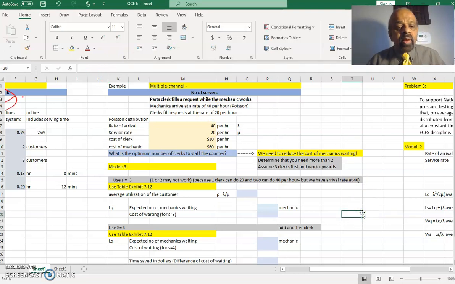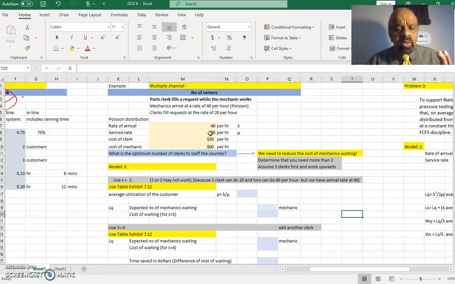So the first thing that I want to do is to find LQ. Now, how many clerks should there be? That is a question. If I have one clerk, the arrival rate is 40, but the service rate is 20, so it is impossible for that one clerk to do the job. Let's say I hire 2 clerks.